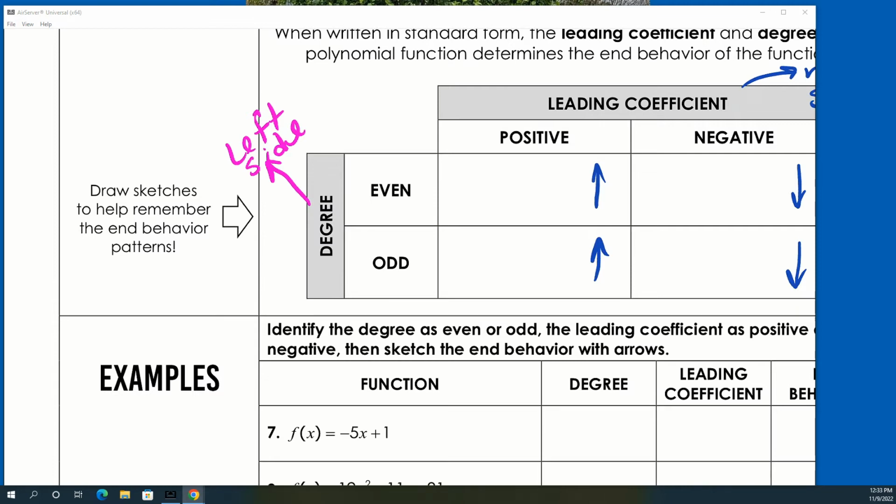If the degree is even, it's the same as the right side. And if the degree is odd, it's going to be opposite. So odd, opposite. Start with the same letters. One way to help remember.